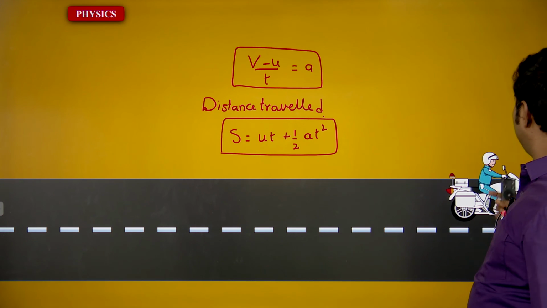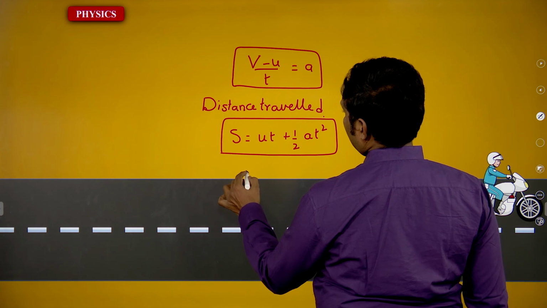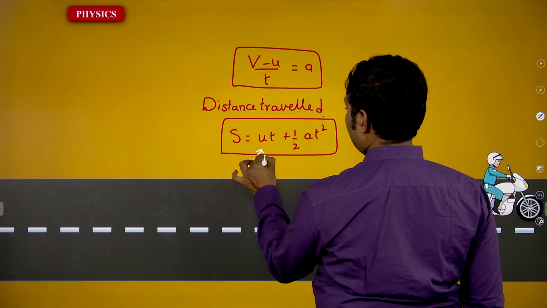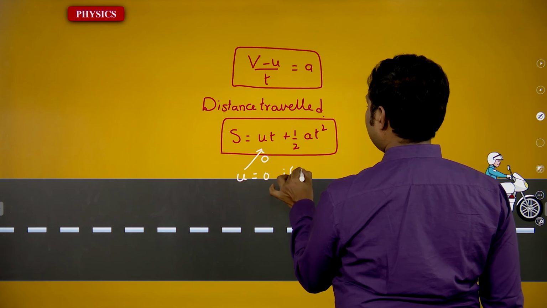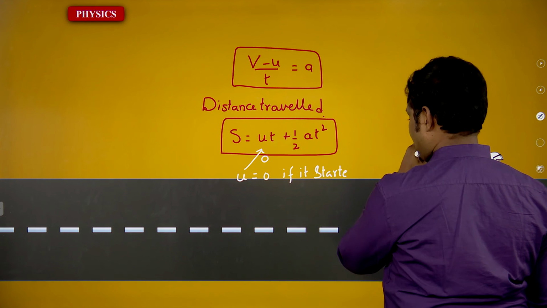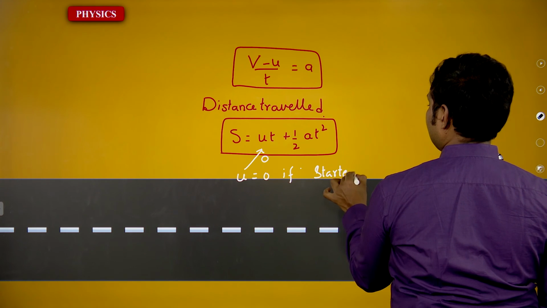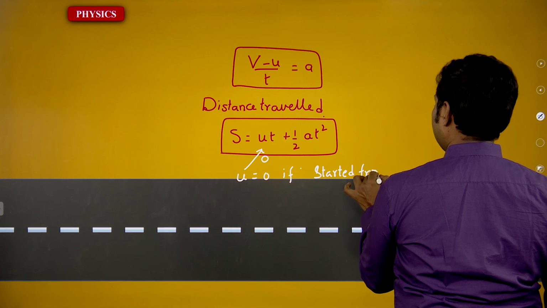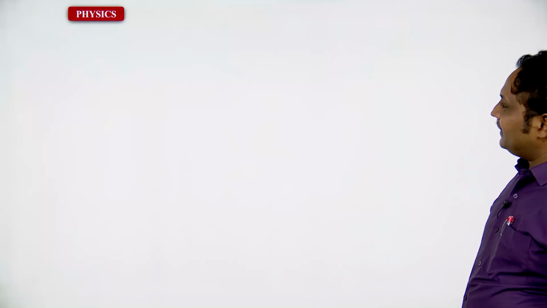If it has started from rest, you have to take u is equal to 0. From rest you have to take u is equal to 0. All right, we would like to solve. Let's see that problem.